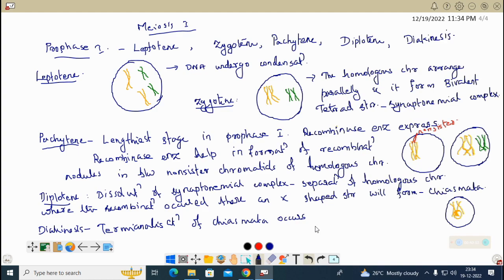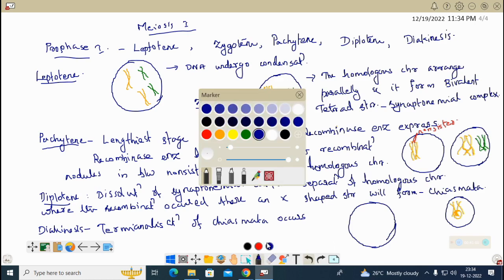That means, see here, I just wanted to show that with another color. I'll take the green color and the yellow color, the same yellow color, because we have shown the example with the yellow color only.